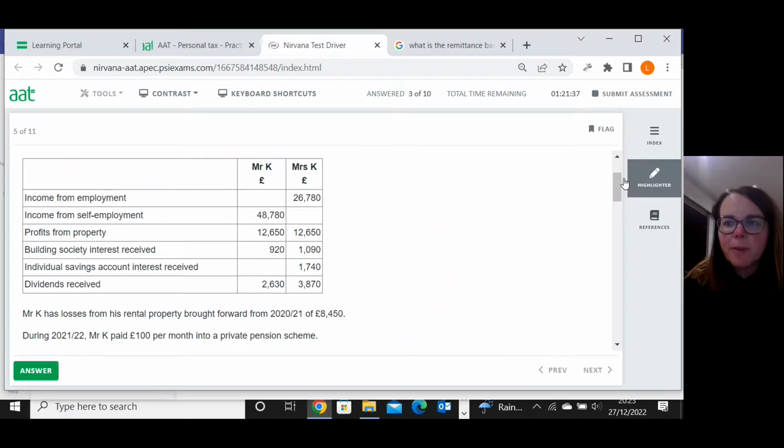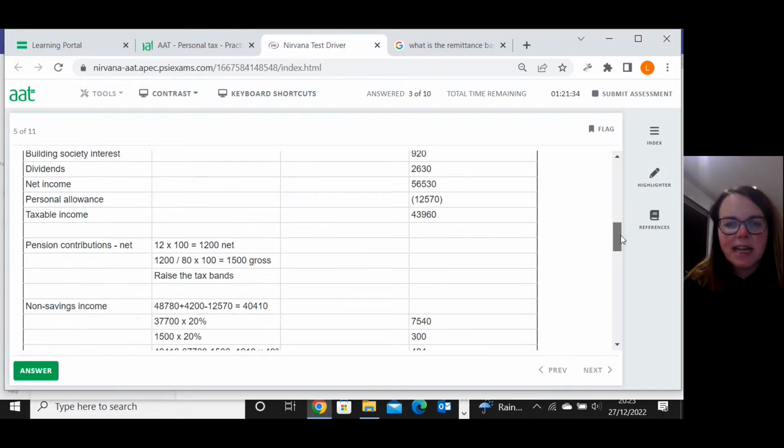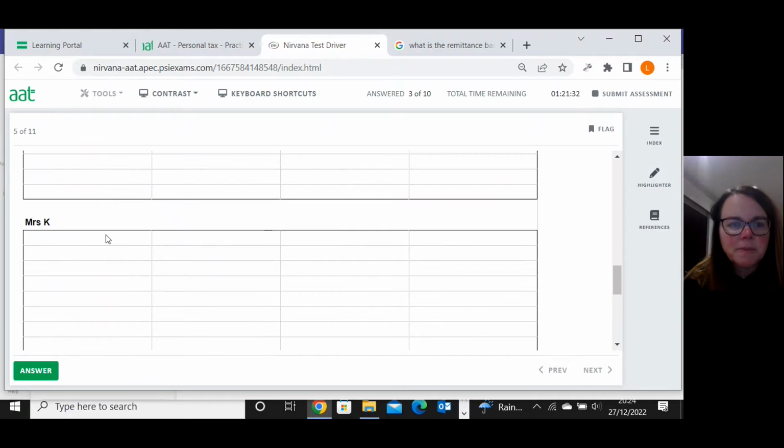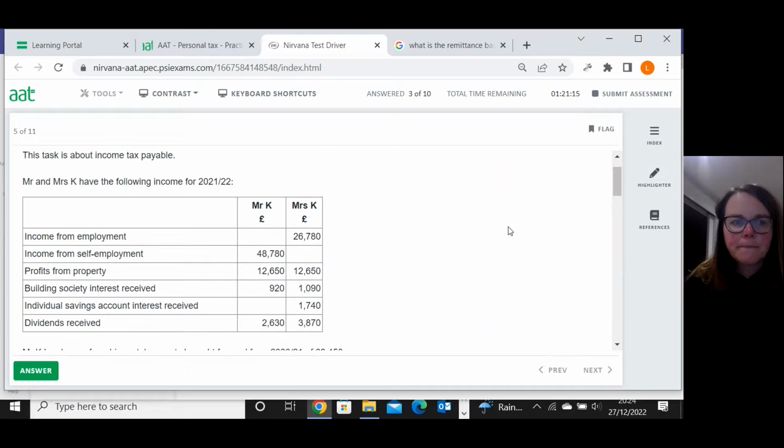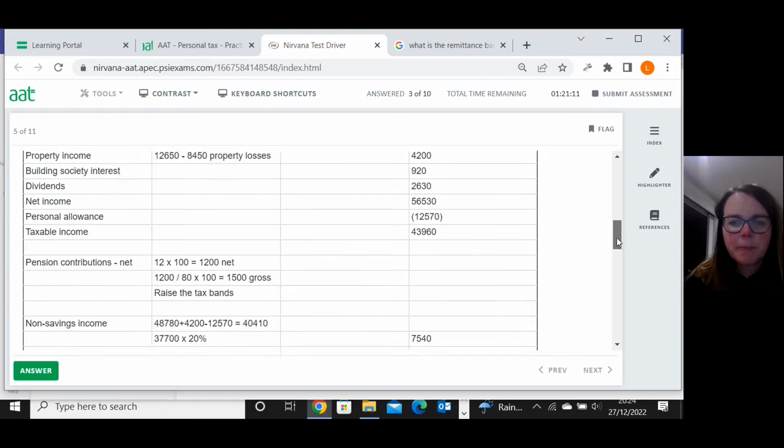So she's got income from employment, 26,780. She then had some property income, £12,650.